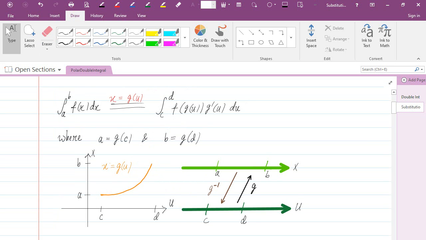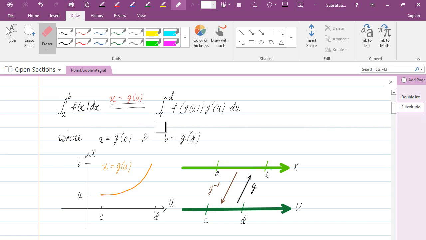So again, here we have this integral from a to b of f of x dx, and then we are substituting x with g of u. So we are changing the variable from x to u via some function g, and we are assuming that g has an inverse. Then the new integral that we are getting would be f of g of u multiplied with this extra factor g prime of u, and then we are integrating with respect to u.